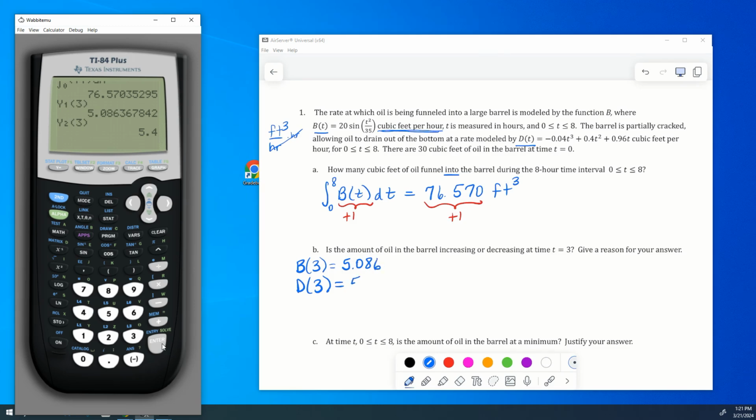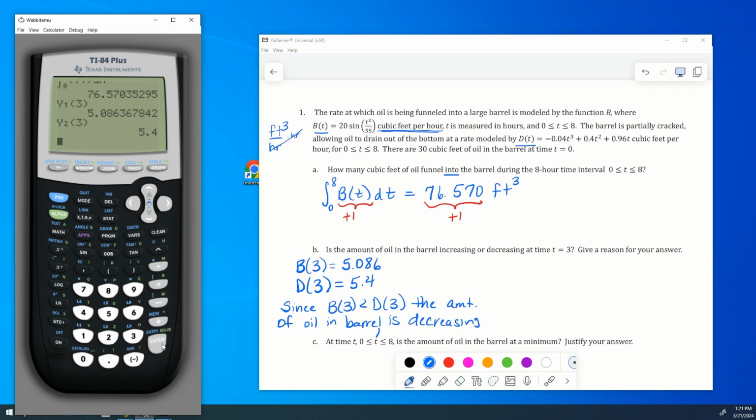So because you have these two numbers, I would then say, since B of 3 is less than D of 3, in other words, the rate at which it's coming in is less than the rate that it's leaking out, the amount of oil in the barrel is decreasing at T equals 3.